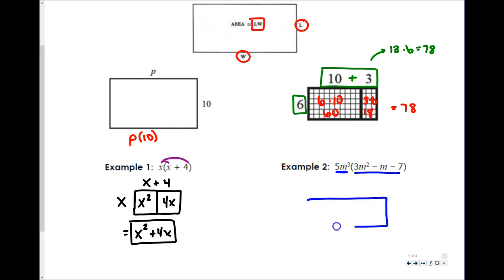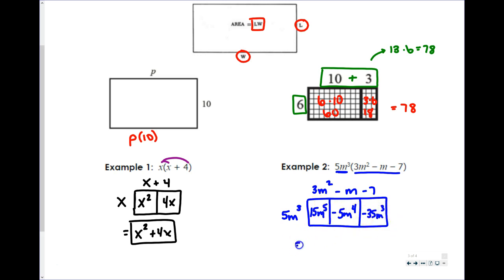When I draw my area model, I'm going to have the 3m squared minus m minus 7 on one side to represent my length, and the 5m to the third to represent my width, because I'm multiplying them. And then I can just break those into little mini areas, and then do each one individually. This becomes 15m to the fifth, this becomes negative 5m to the fourth, and this becomes negative 35m to the third.